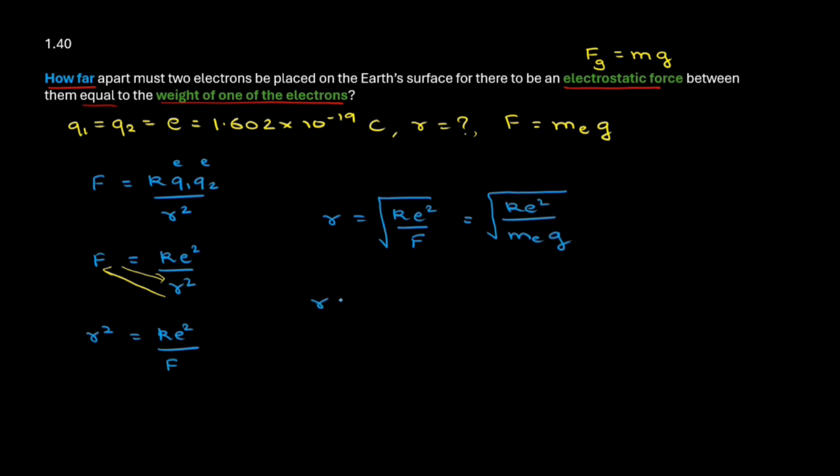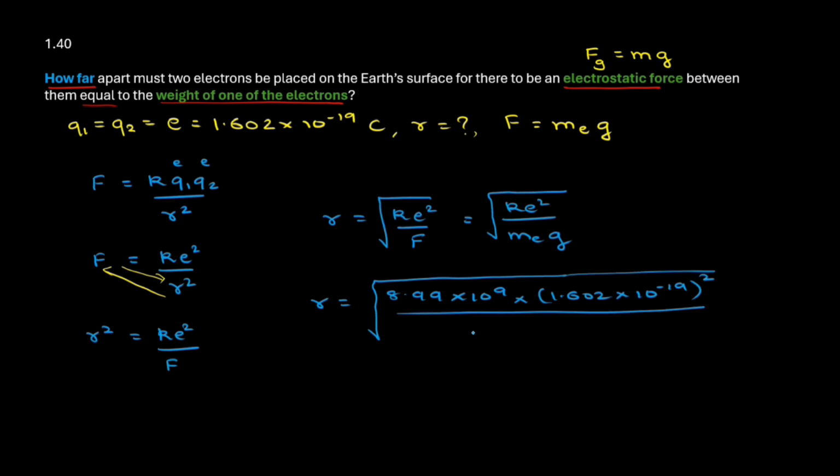Now we can plug in the numbers. R equals square root of K, which is 8.99 times 10 to the power 9, times electron charge 1.602 times 10 to the power negative 19 squared, over mass of the electron, which is a constant again.